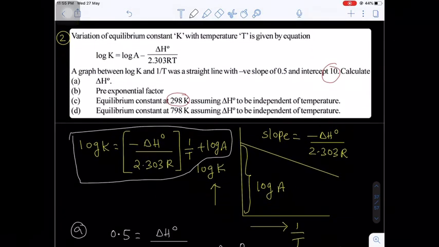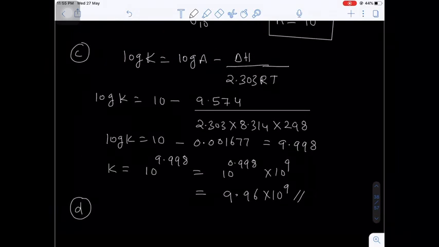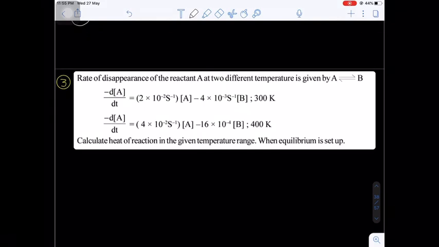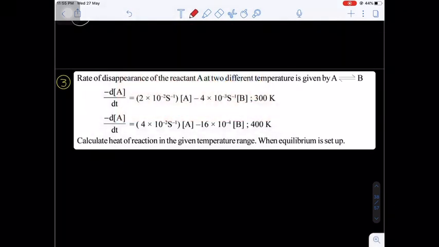And the fourth question, try yourself, because the only thing is that the temperature changes. So we have to calculate the equilibrium constant, same as the third part. Now come to the next problem. The rate of disappearance of A at two different temperatures is given to you.